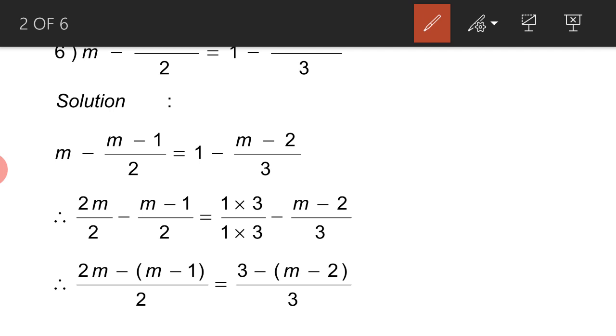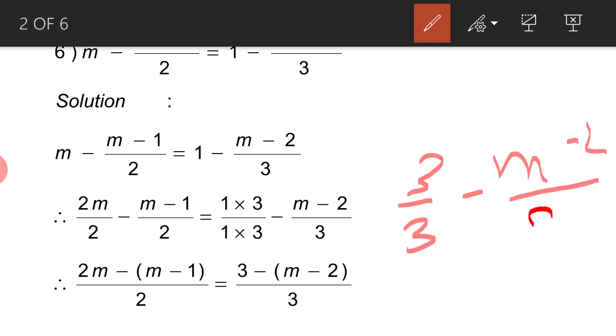Are you getting? Because how we are getting it as 3 by 3 minus (m - 2) upon 3. Now the denominators are same. So can we subtract numerators? So 3 minus (m - 2). But we don't just put 3 minus m minus 2, but we write it in bracket. Why? Because m minus 2 is one term.